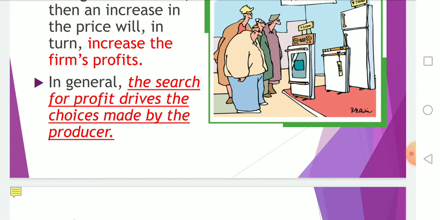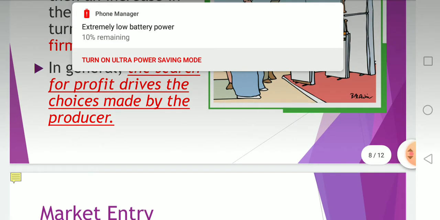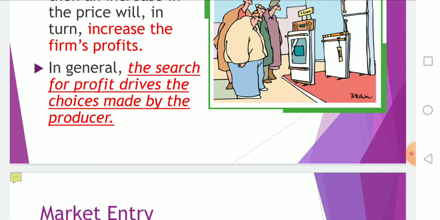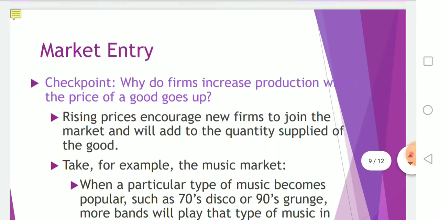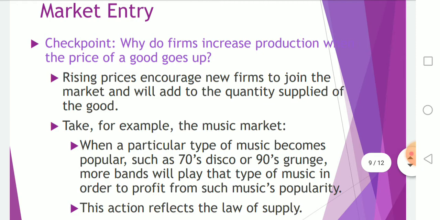So what should I do? I will increase the price to gain more and more profit. As a supplier, in general, the search for profit drives the choices made by the producer. So we have to know what drives the producer: the profit.